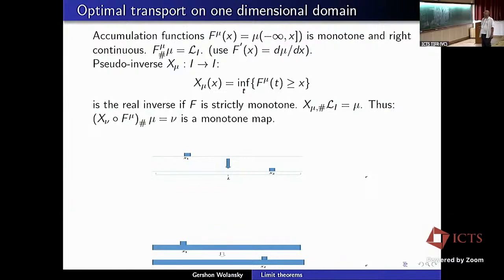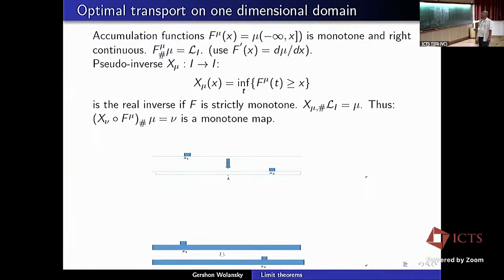A one-dimensional domain has a very specific form, and we can do some explicit calculation, because actually we have just one relevant map between two measures. So the infimum is actually just on one measure.